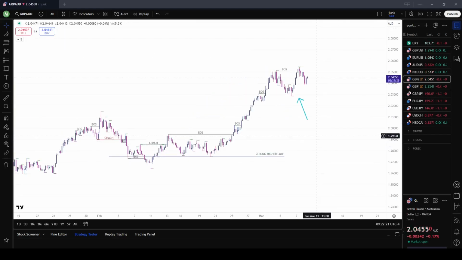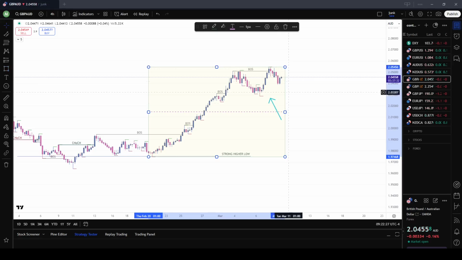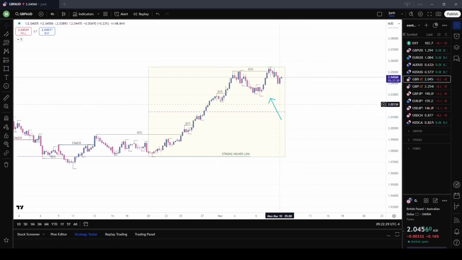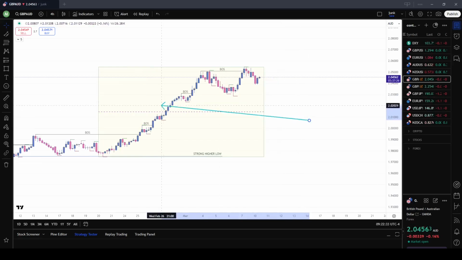GBP AUD. Let's go ahead and map out the current range. So this was not making any type of pullback. Currently, just ranging and pulsing. Now it's trading sideways.